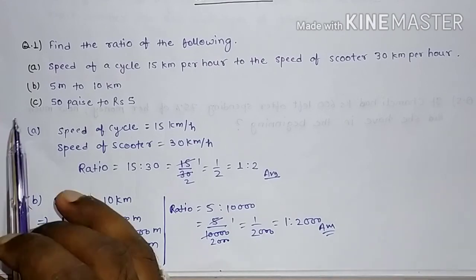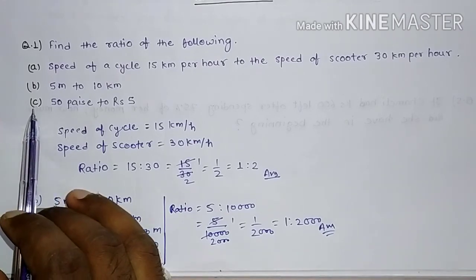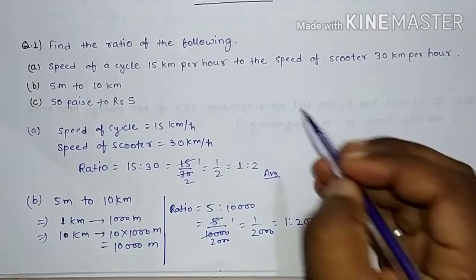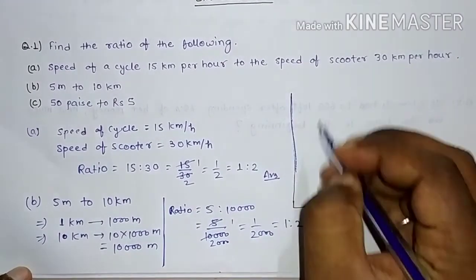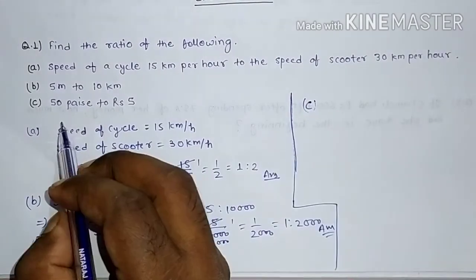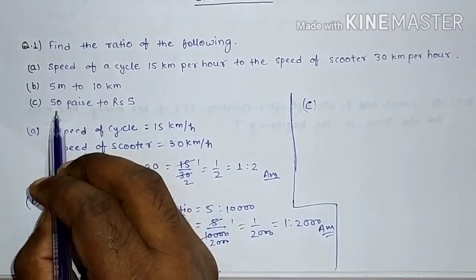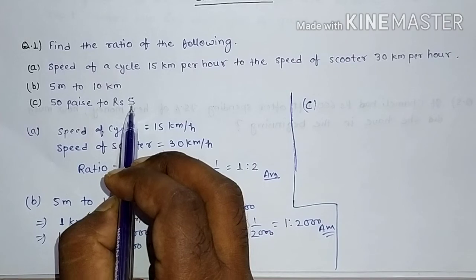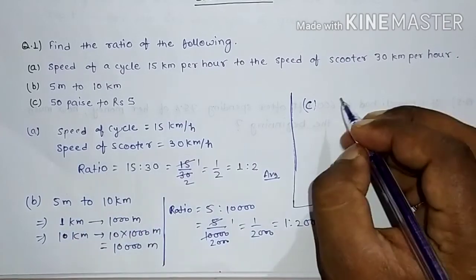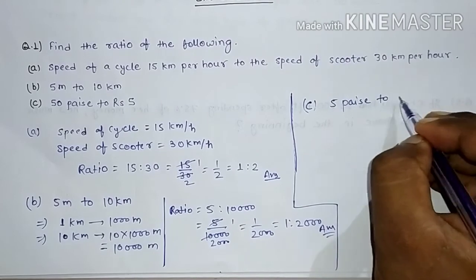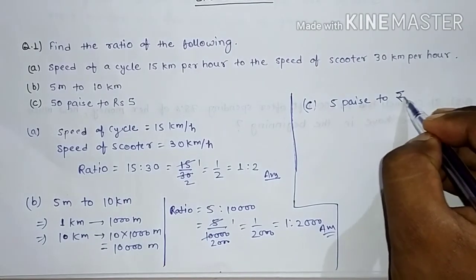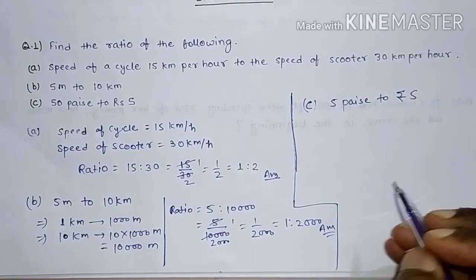Similarly, the last question, that is part C. Here we have to find the ratio of 50 paise to 5 rupees. So 50 paise to 5 rupees.